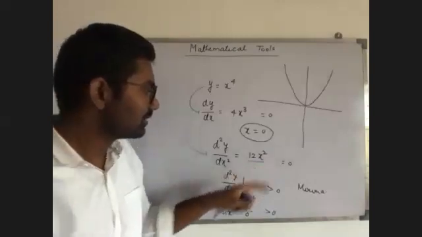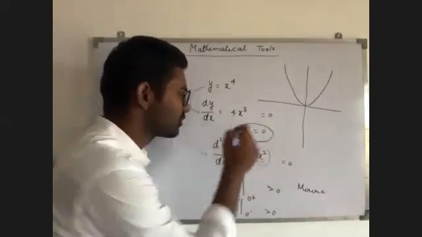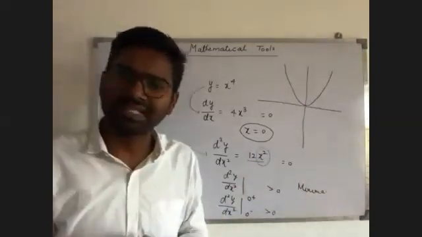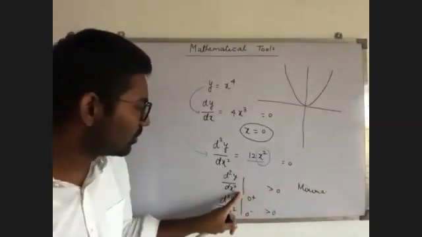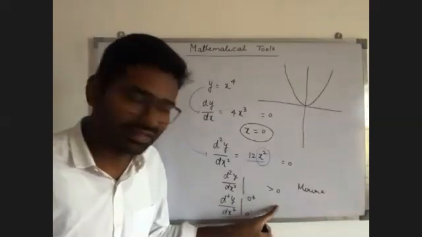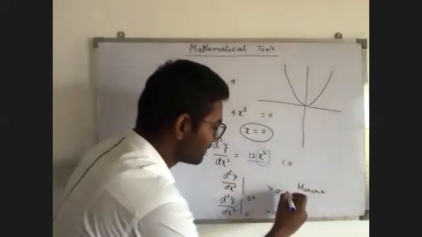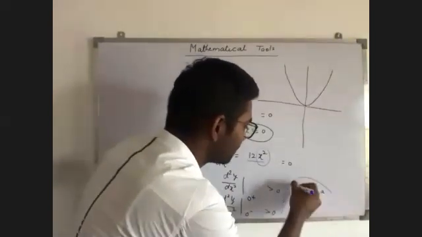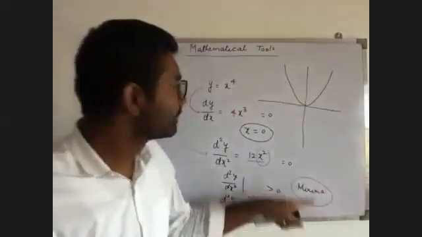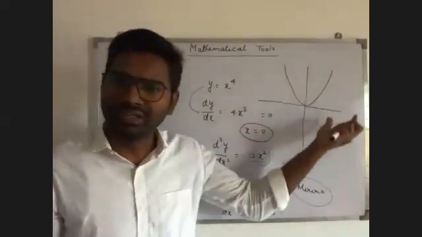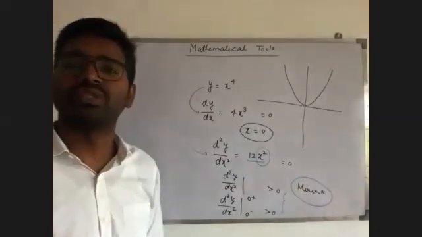If you look, this is a quadratic expression. Whether you put a positive value or a negative value, you will always get positive. So d2y over dx square for 0 plus is greater than 0, and for 0 minus also greater than 0. If it is greater than 0, it is the condition of minima. So at x equals 0, this function is going to have a minimum value, and we know how the graph looks for x to the power 4.